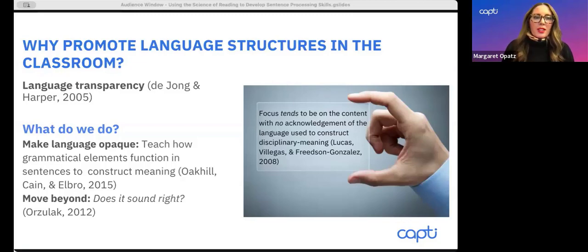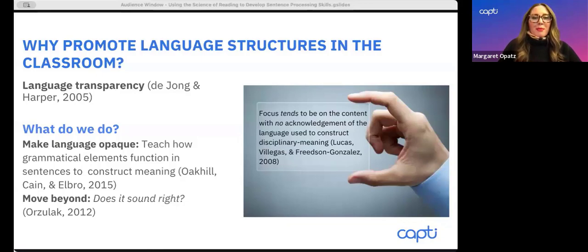So as far as DeJong and Harper go, they say we look through the text to the content, and then Lucas and colleagues came and said that the focus truly tends to be on the content with no acknowledgement of the language used to construct disciplinary meaning. So for students, they have to be able to understand the construction of those grammatical elements within the sentence and ultimately the text, to be able to construct meaning from it.